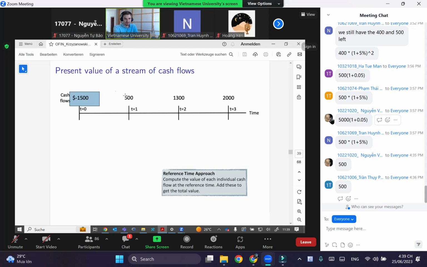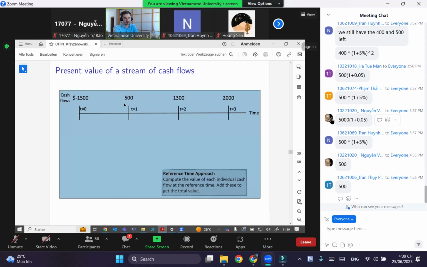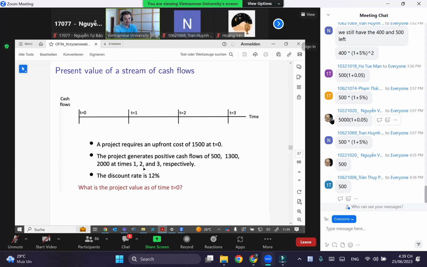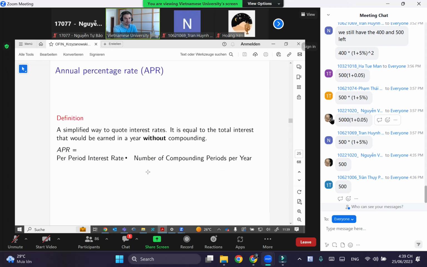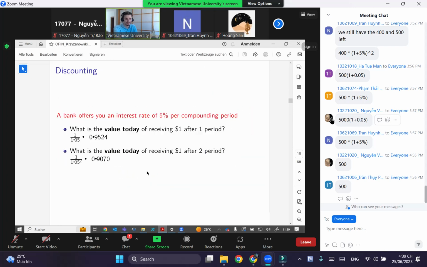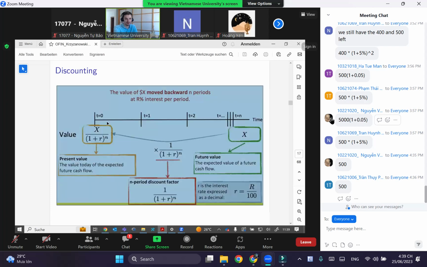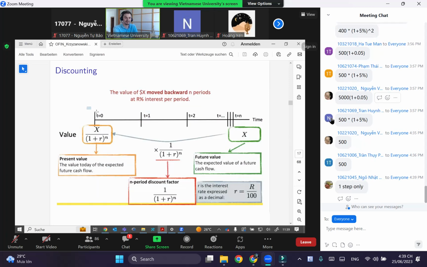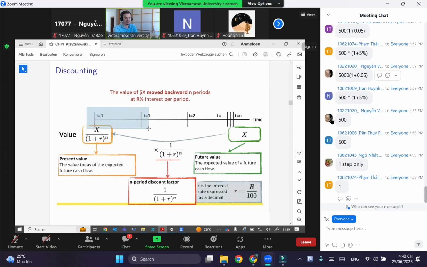Now, the 500, we obtain in period T1. The interest rate is 12%. How many steps do we have to take from period 0 to period 1? Well, how many steps? 1 step only, exactly. So what would be the present value of the 500 when we have an interest rate of 12% and we are walking 1 step?